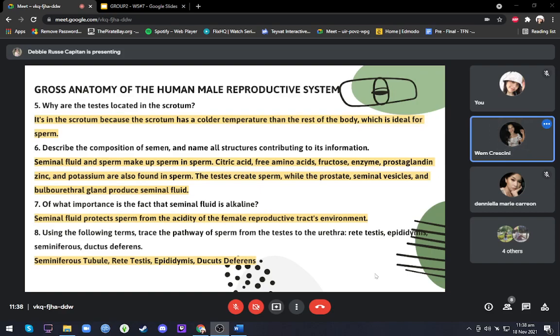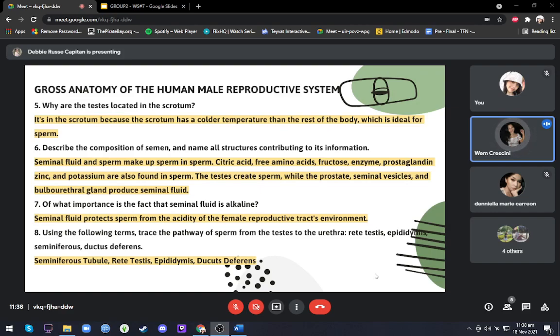The testes create sperm while the prostate, seminal vesicles, and bulbourethral gland produce seminal fluid. And then number seven, of what importance is the fact that the seminal fluid is alkaline? So we have here our answer, seminal fluid protects sperm from the acidity of the female reproductive tract's environment.